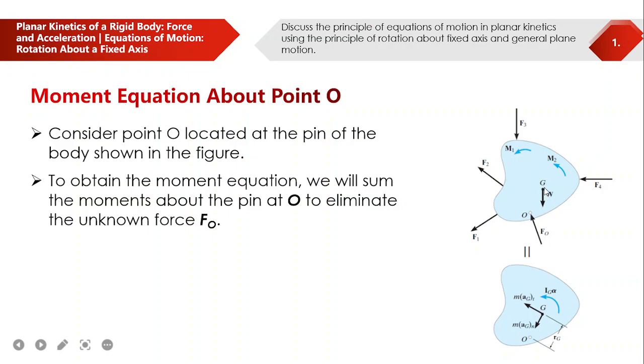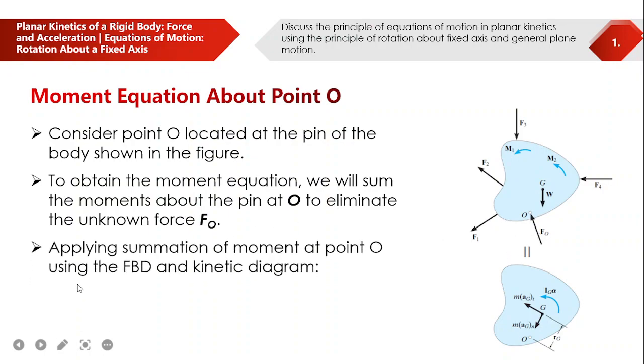Kasi we are considering the summing of all the moments at point G. So, at point G, weight lang yung mawawala since wala siyang moment arm, so wala siyang moment. Pero if we are considering at point O, etong force sub O or F sub O will be cancelled out or ma-eliminate when we are summing all of the moments. Okay? Just ito lang yung point dito.